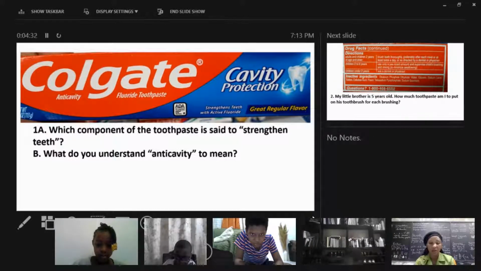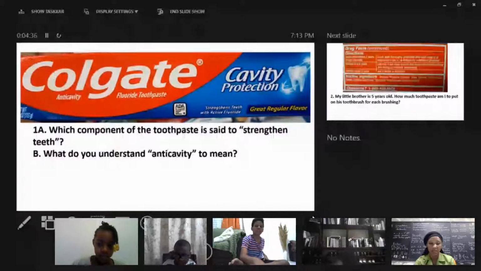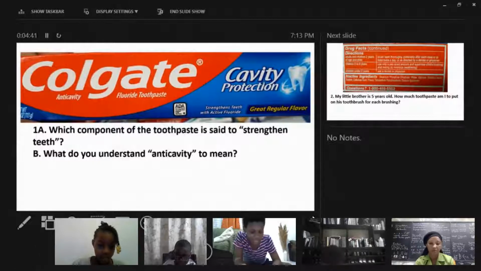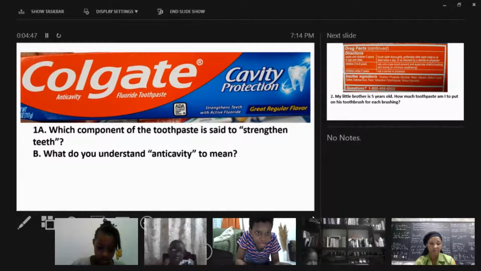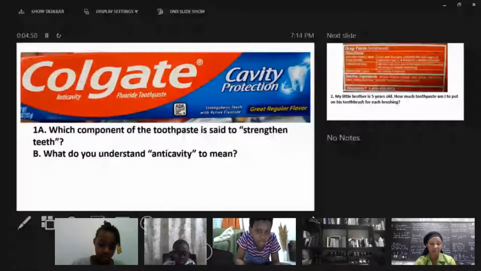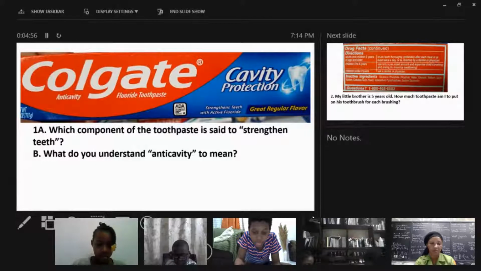And how about 1B? Jaden, what do you think? I say anti-cavity means it destroys either the acids or the bacteria that cause cavities. All right.